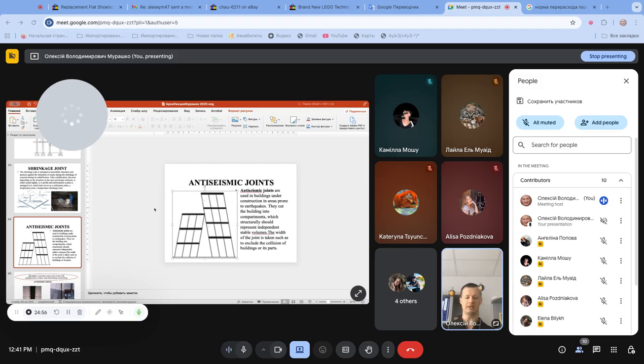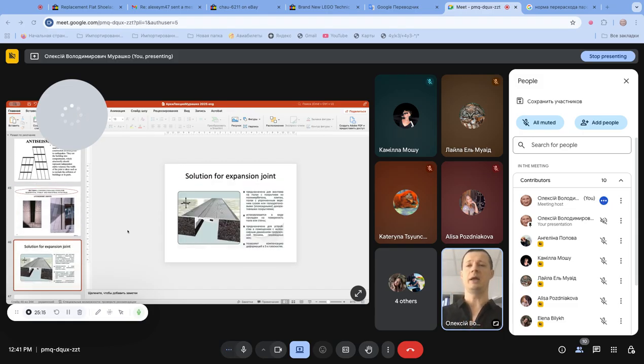So the main idea of anti-seismic expansion joints is to protect the building from such a pounding effect, when one section of the building kicks another one. And how do those expansion joints look in real life?